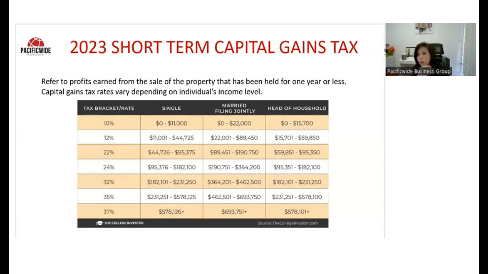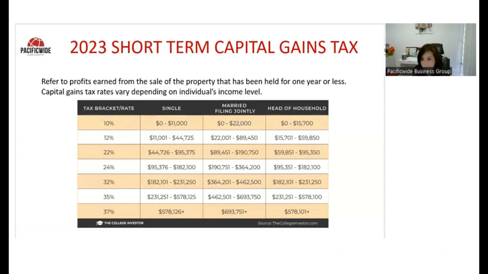For a couple who marry and file tax jointly, if they make less than $22,000 and sell within 1 year, their capital gains tax is also 10%. For a head of household with income less than $15,700, the short-term capital gains tax is 10%.